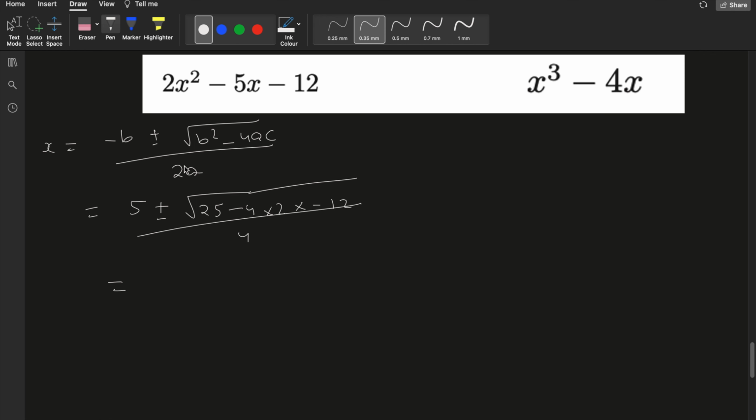So this is going to be 5 plus or minus the square root of 25 plus, this is 48 into 2, which would be 96, divided by 4. Now using the calculator, I'm just going to find this.